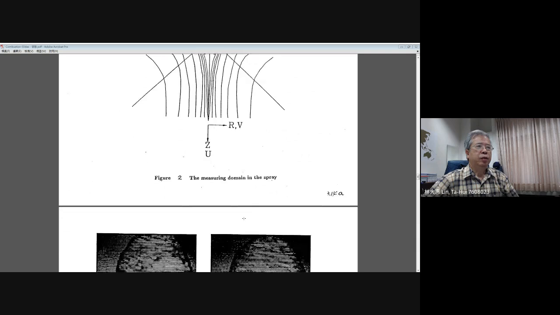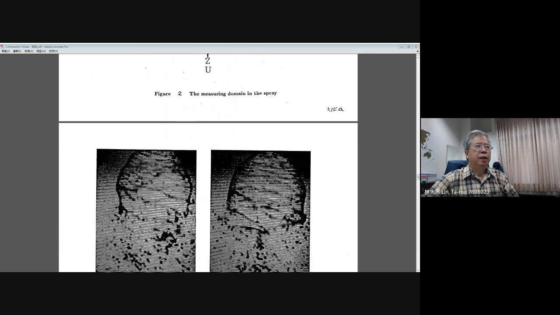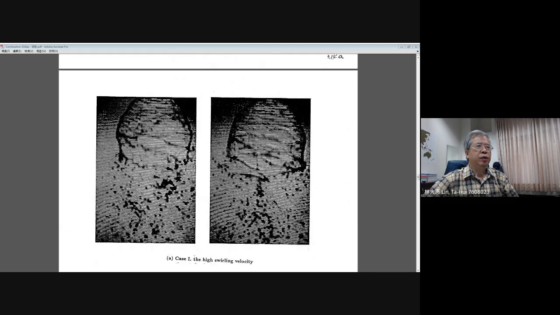Now we start to learn the spray characteristics. For example, they did flow visualization. For case one, if you have a high injection velocity, inside the injector they produce a strong swirling. Then you can see a large spray angle open near the opening of the injector.